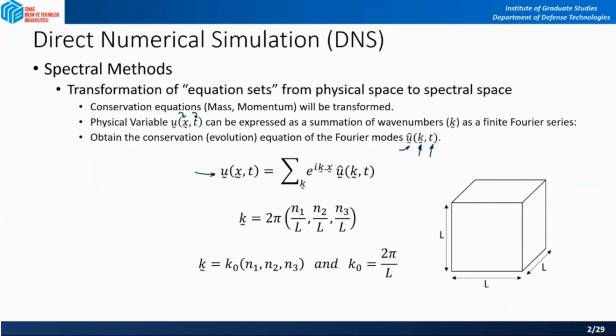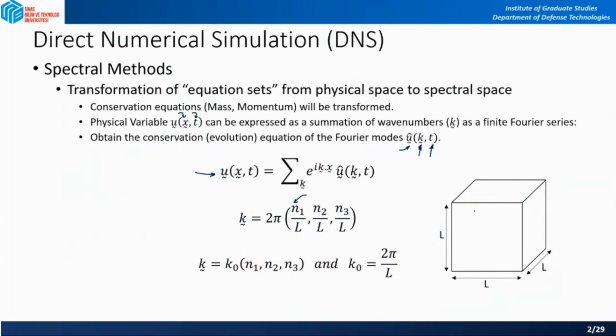Your physical velocity is the summation of an infinite number of Fourier modes, and the wave number is nothing but 2 pi times n1 over L, n2 over L, and n3 over L. And we said that these n1, n2, and n3 are the number of waves along each physical dimension.